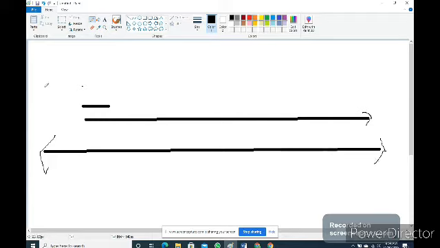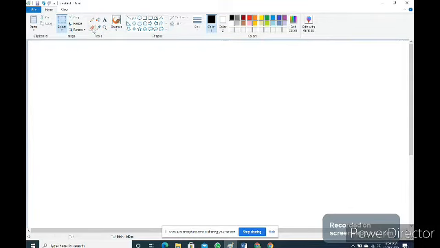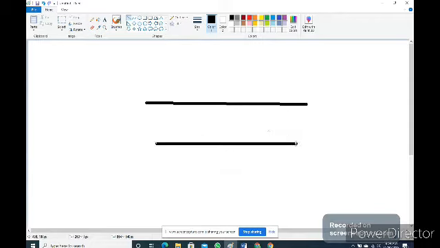Now let's take it as if you are given an angle, and you are given a problem to solve. You are asked that this is a particular x, and this is also going to be x.